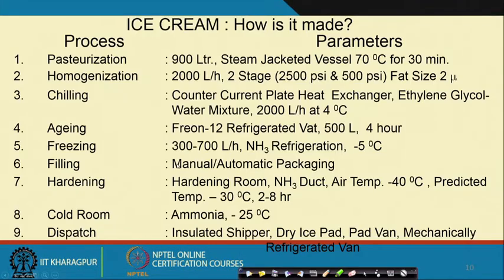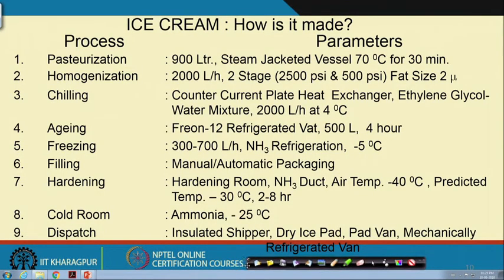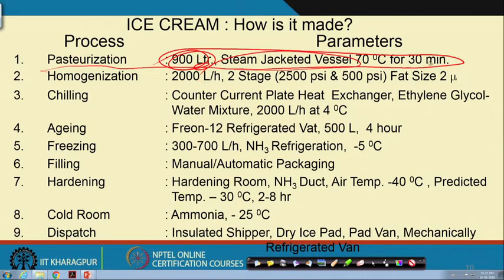So, if we look at this, then how ice cream is made, the process is like this: you are pasteurizing, whatever be the container size, 900 liters typically, in steam jacketed vessels, at 70 degrees centigrade for 30 minutes.